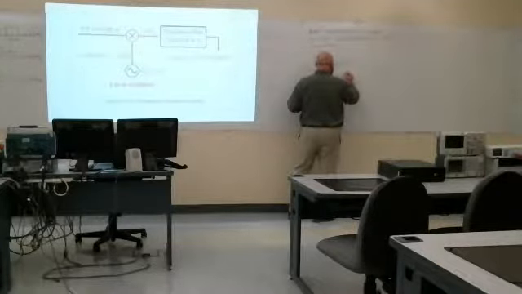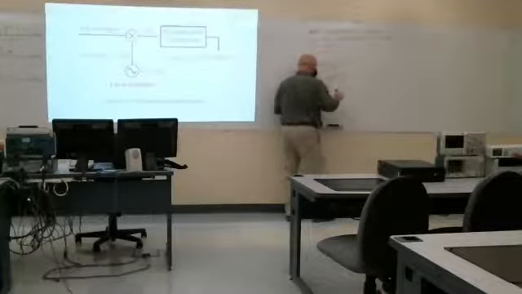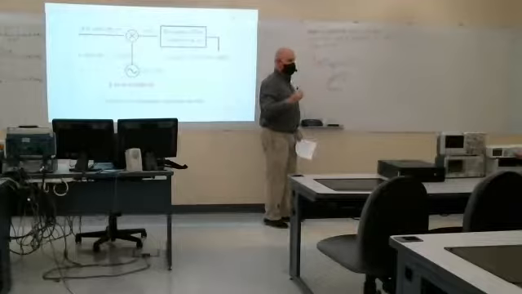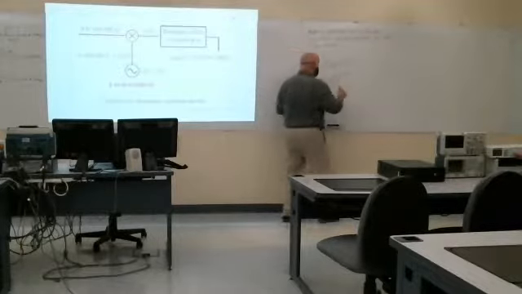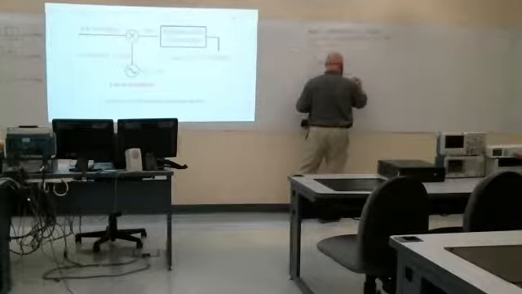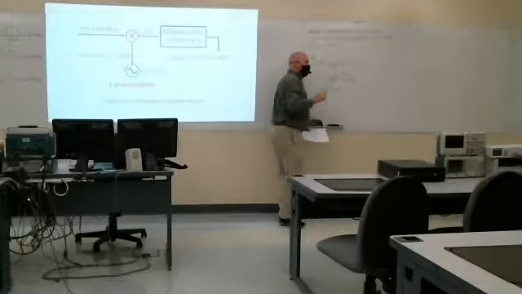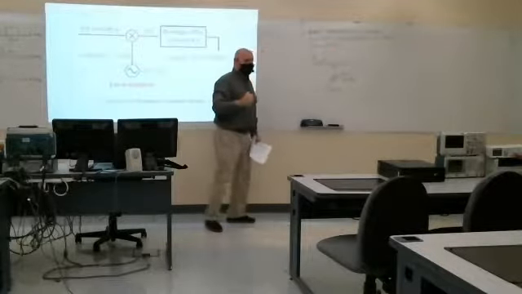So the local oscillator frequency would be the desired carrier frequency, the station you want to listen to, plus, I'm going to call it f_IF, it stands for intermediate frequency.